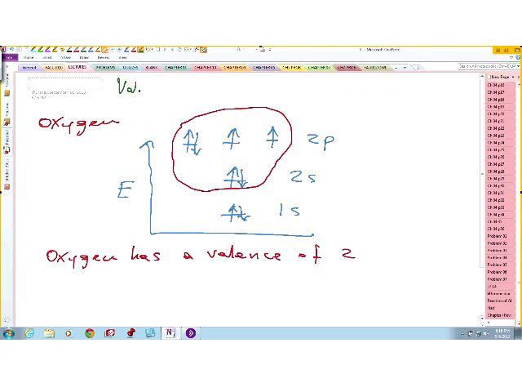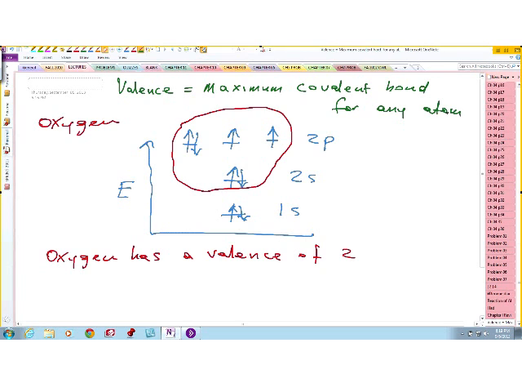Write that here. Valence equals the maximum covalent bonds for any atom. That is what valence is.